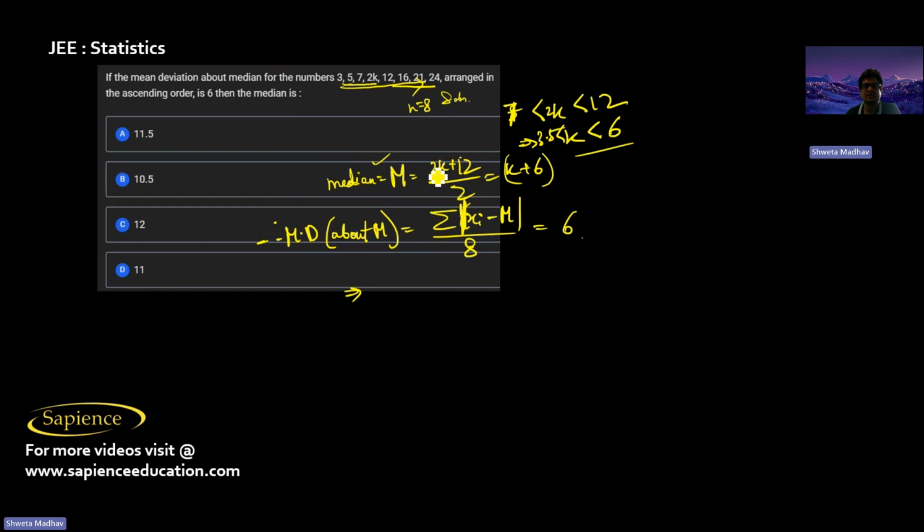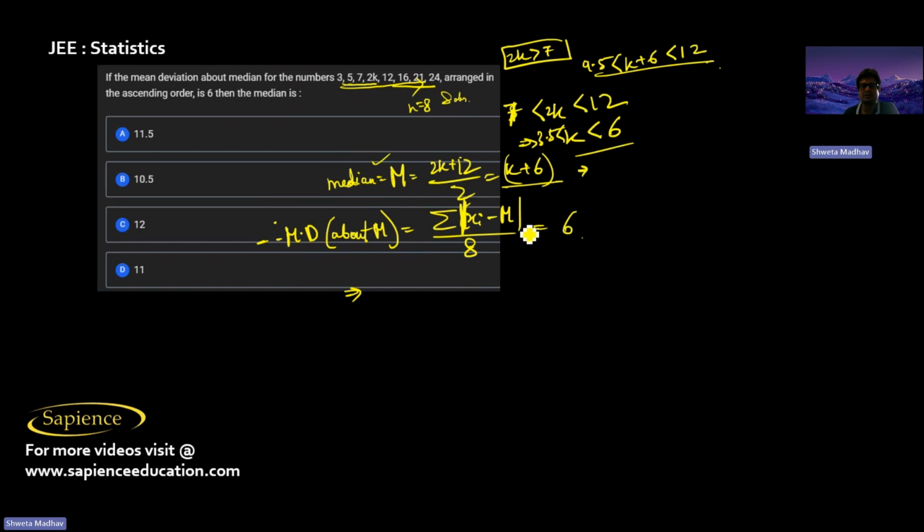So therefore 3 minus k plus 6, k is more than 3.5 obviously, and 2k is more than 7 obviously. So k plus 6 will be obviously more than 9.5 and less than 12. So 3 is obviously less than that.